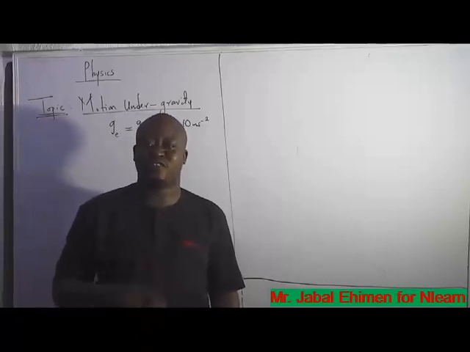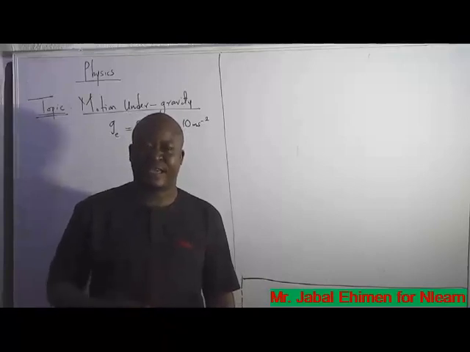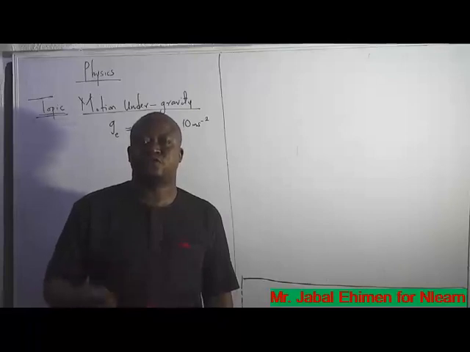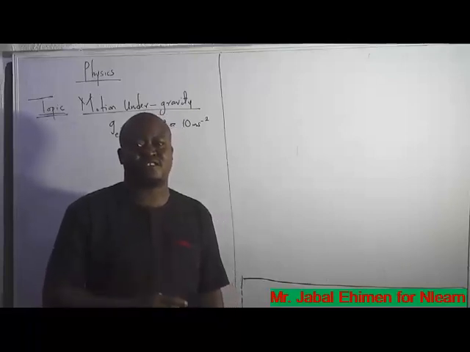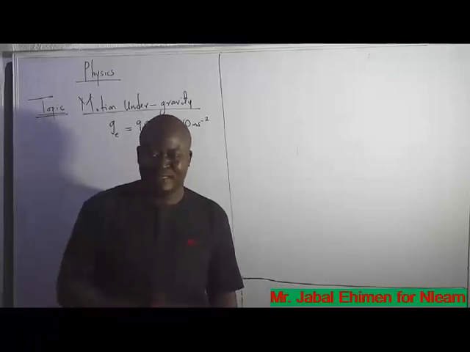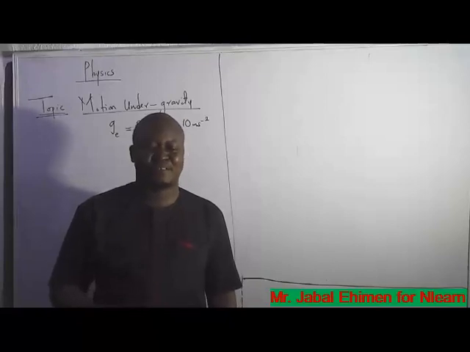So when you want to measure gravity, you measure it with respect to what it does to bodies on Earth. And what does it do to the bodies on Earth? It causes them to accelerate with an acceleration of 9.8 meters per second squared or 10 meters per second squared.